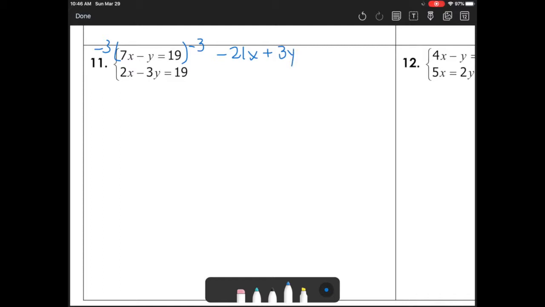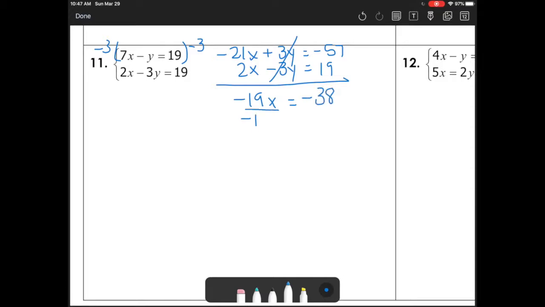And then copy the other one underneath, and you see your 0 pair right there. So negative 21x plus 2x is negative 19x. Negative 57 plus 19 is negative 38. And x equals 2.